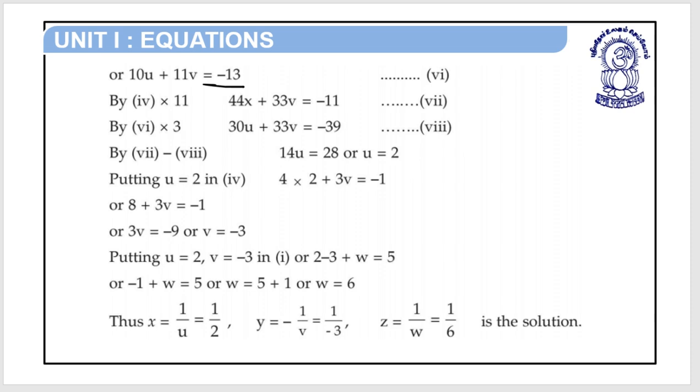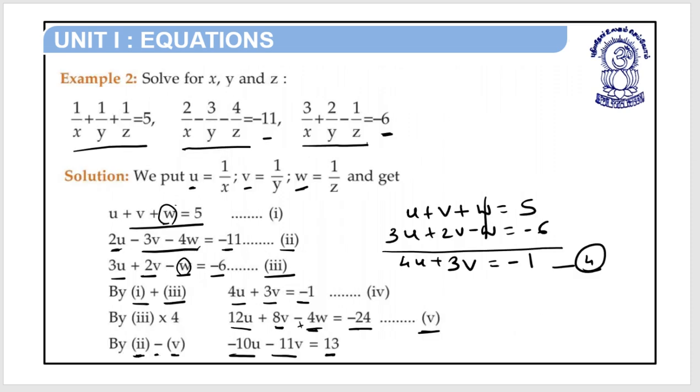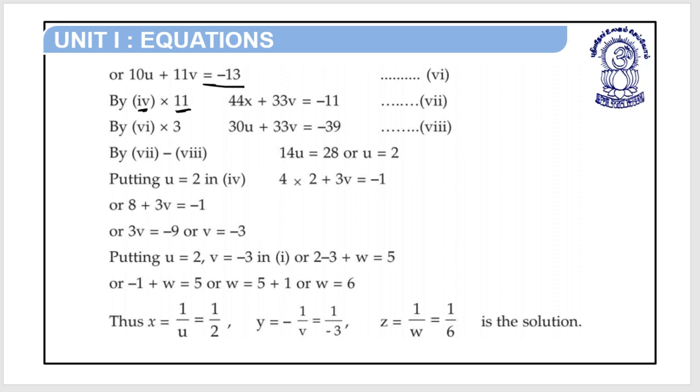Now equation 4 multiplying with 11, 11 4s are 44u plus 33v is equal to minus 11.